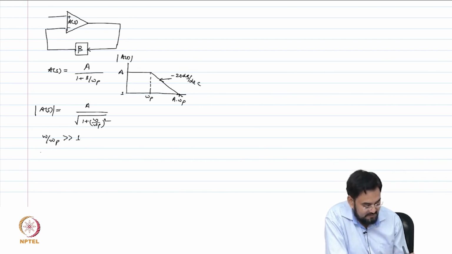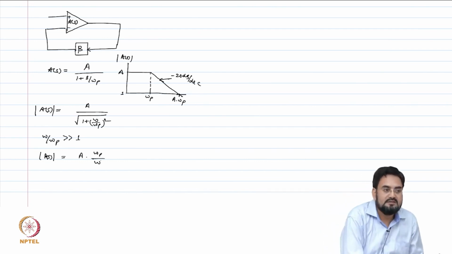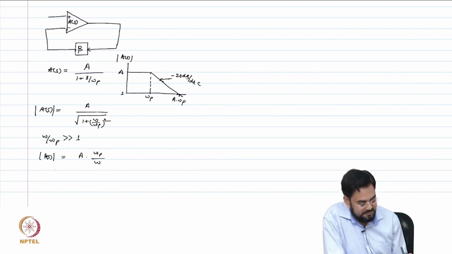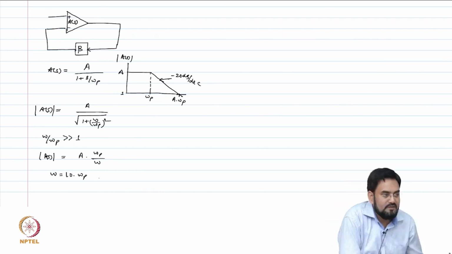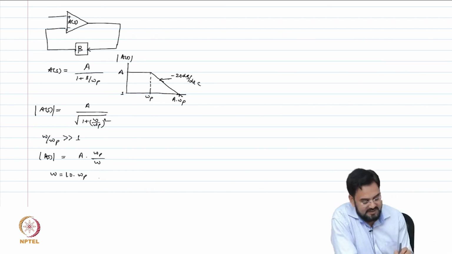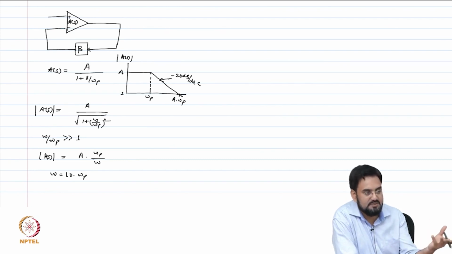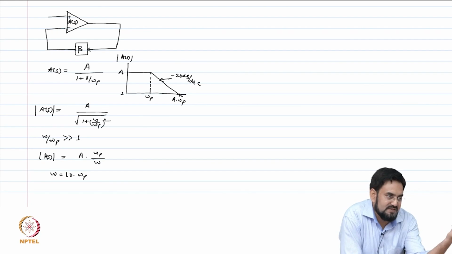The magnitude of A(s) will become A times omega p over omega. Now if you keep omega equal to 10 times omega p, the ratio will become 10, and 10 is much larger than 1, and that's the assumption we take.